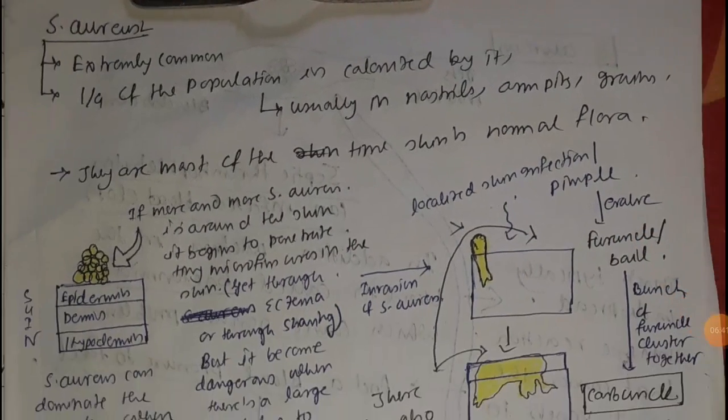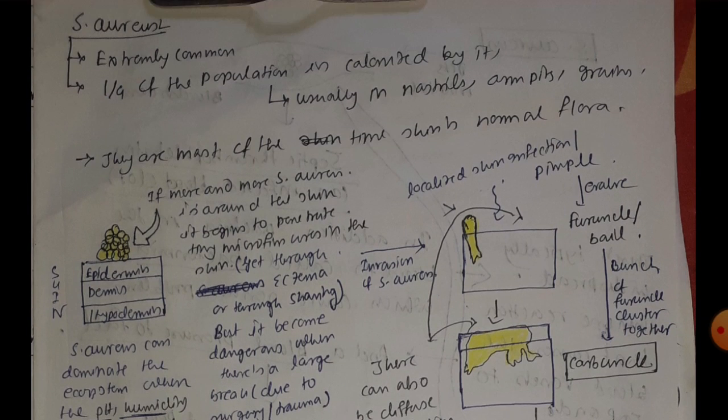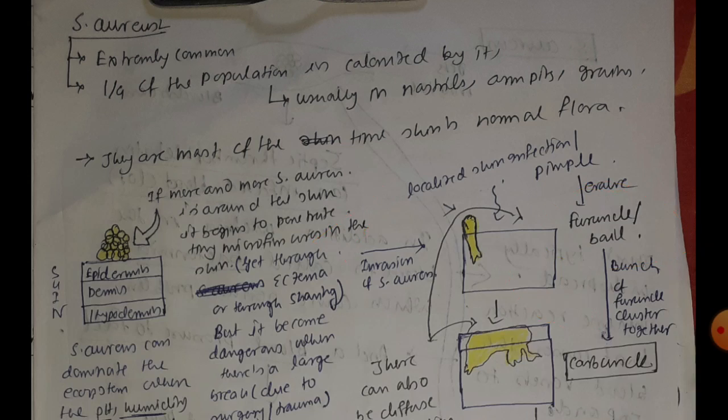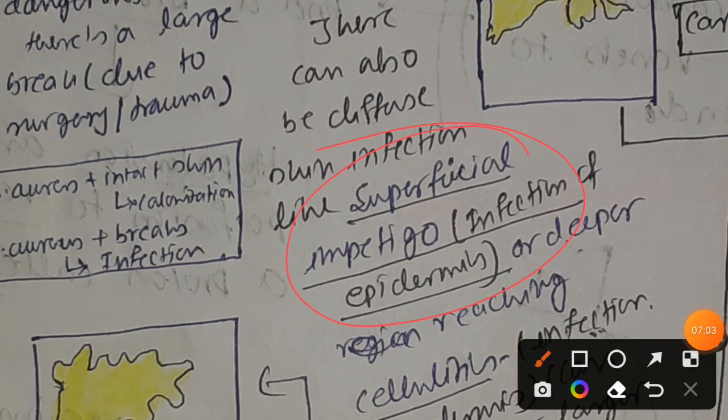That means, after invasion, Staphylococcus aureus will first cause a localized skin infection or pimple. Then this pimple will evolve into a furuncle or boil, and those furuncles then cluster together to form a carbuncle. And then there will also be some diffuse skin infection like superficial impetigo, that is the infection of the epidermis, and some deeper reaching cellulitis, which is an infection of the dermis, and that can spread through larger surfaces rapidly.